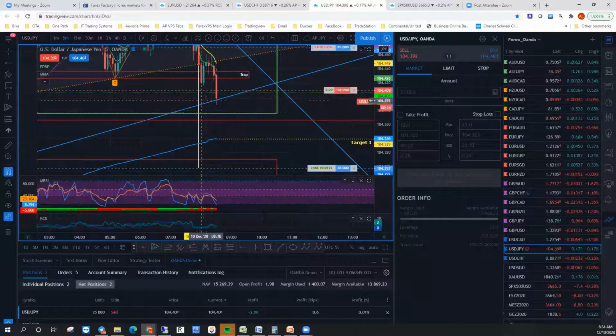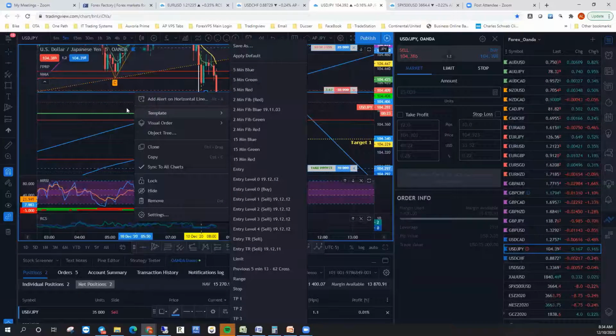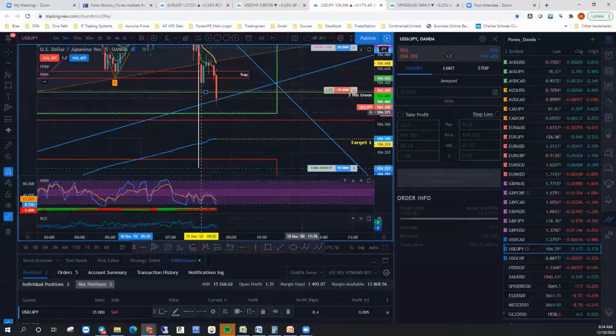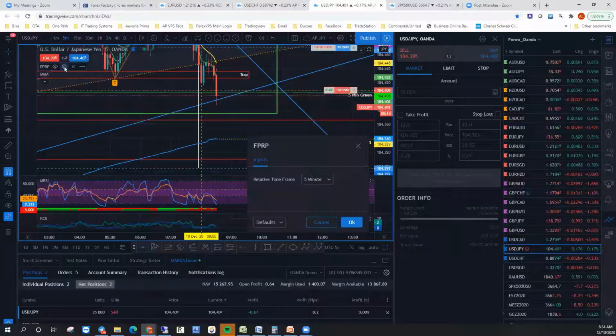So here's the pass of the green fib line. I'll make this a little bit highlighted just so you can see it a little bit better. This is a 5-minute green. Yep, those are 5 minutes.